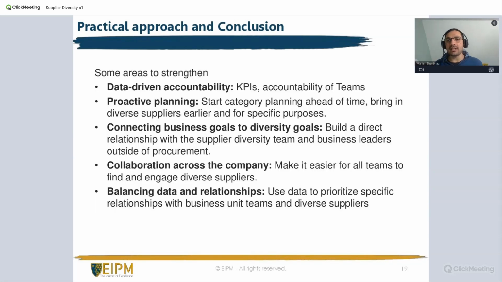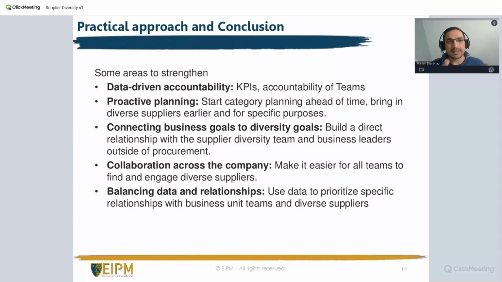And then finally, as you can see here, the areas that you need to strengthen: a bit more data driven, robust fact based approach towards supplier diversity. So you could have a very data driven accountability, right? Having the right KPIs in place.